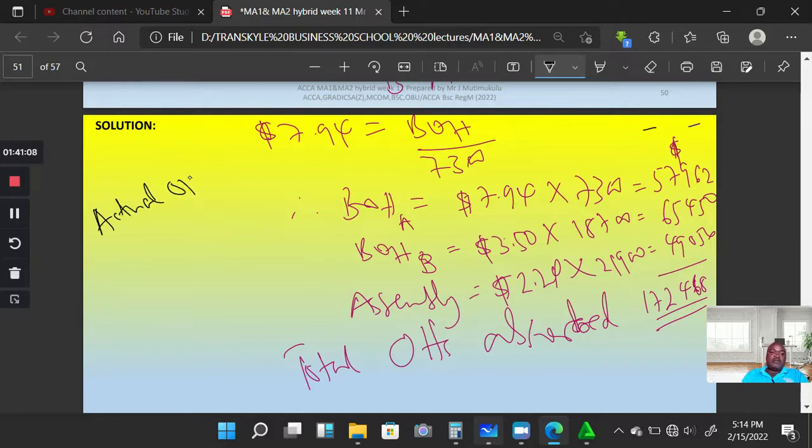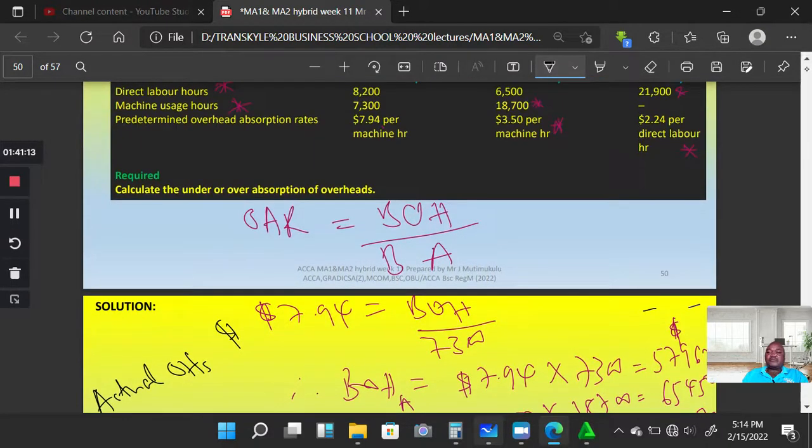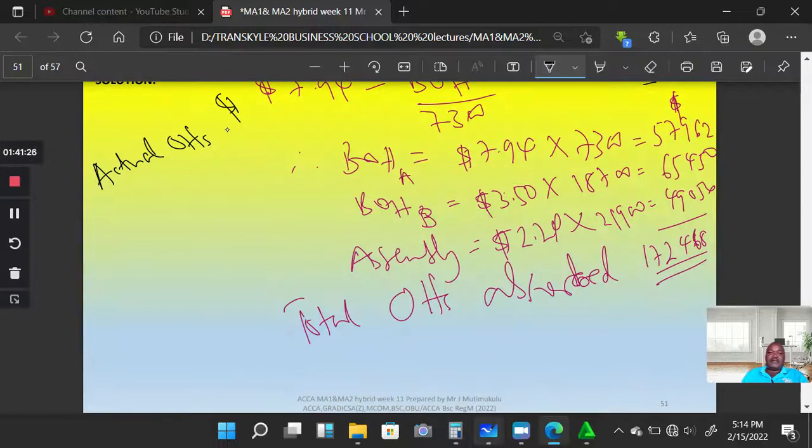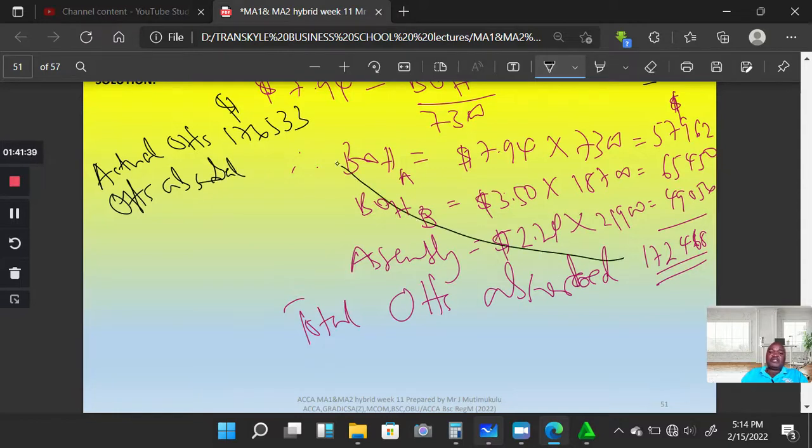Actual overheads according to the question. The actual total production overhead was this one, 176,533. But overheads absorbed according to our calculation was 172,468.